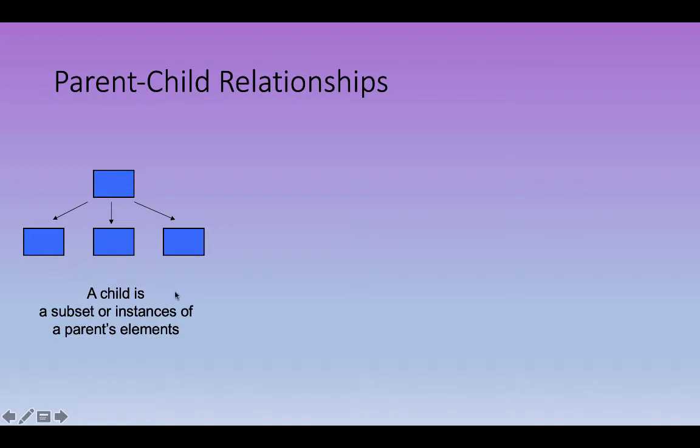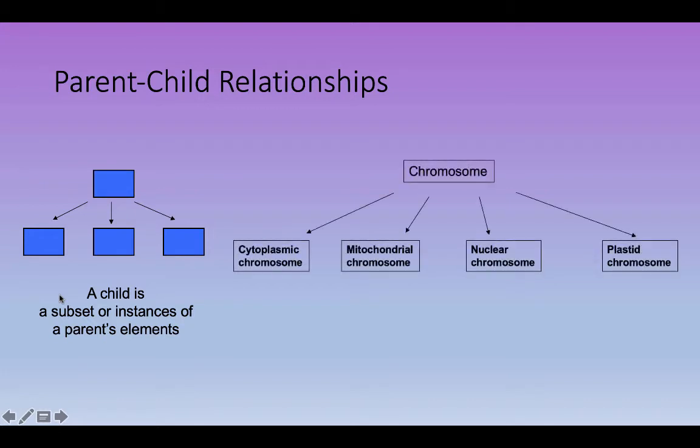A child is a subset or instance of these parental elements. And so we can see this, for example, for chromosome, right? Chromosome is the general term, the parent term, and the child terms are cytoplasmic chromosome, mitochondrial chromosome, nuclear chromosome, plasmid chromosome, right? All subsets of chromosomes.